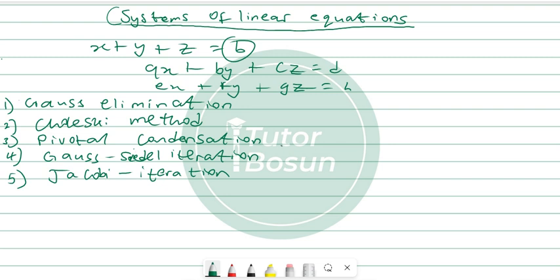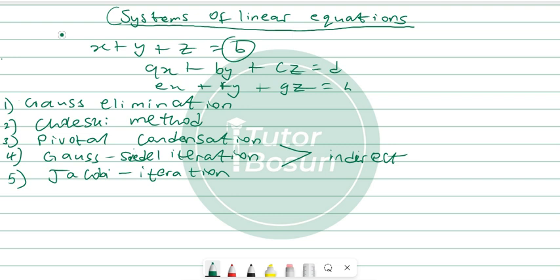I want you to take note that these two methods, Jacobi and Gauss-Seidel, are indirect methods of solution. They are the only two methods in this list that are solved using iteration. That is, you set an initial value, then you iterate until you get to a particular point where your values converge before you finalize your solution. In most cases it might take long before your values converge, so you are restricted by the examiner.